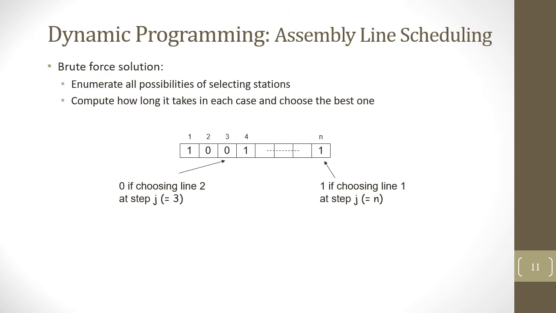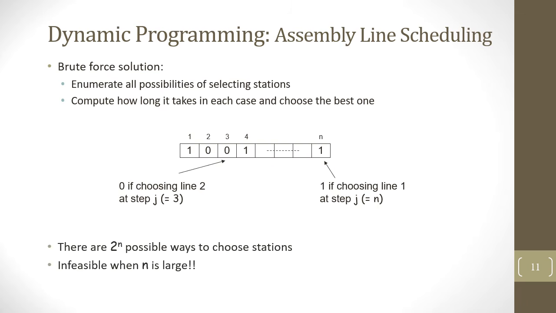Here line 2 is represented by a 0. So for n stations we have a possibility of a 1 or a 0. So there are 2 to the power of n possible ways to choose stations. This becomes infeasible when n is large.